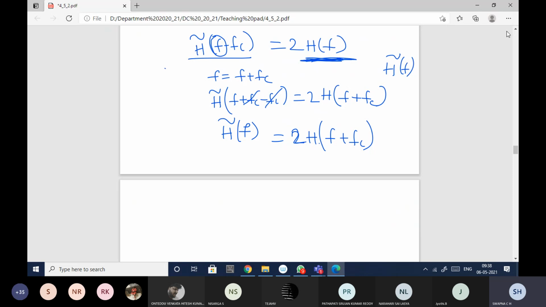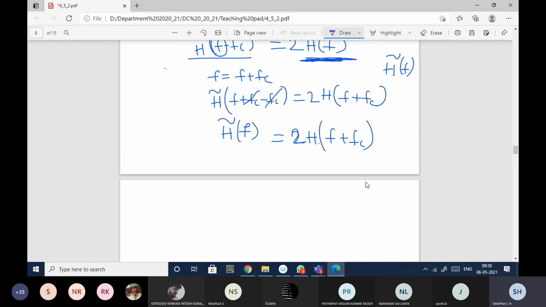But what we need to find is not H tilde of f, but H tilde of t. We already know how to represent this H tilde in the canonical form.